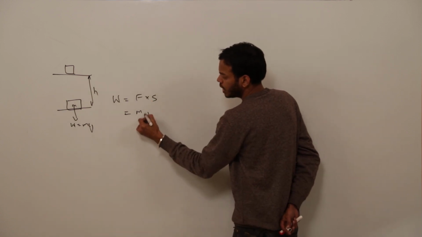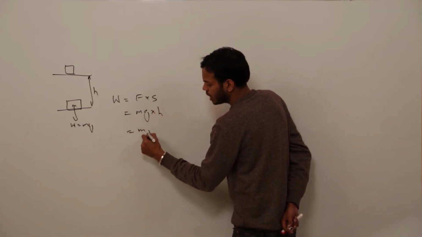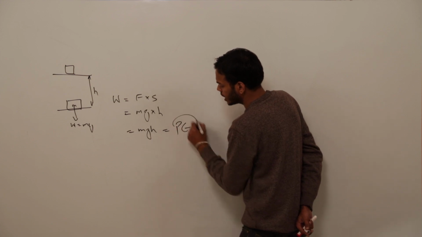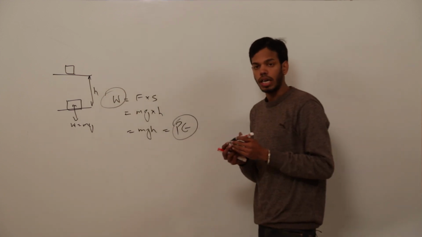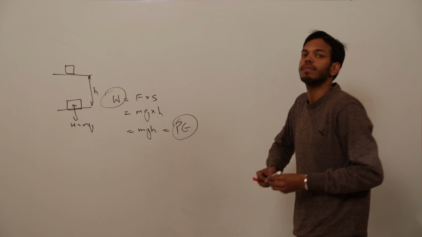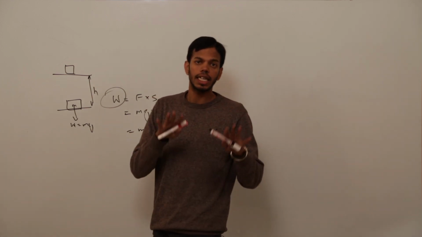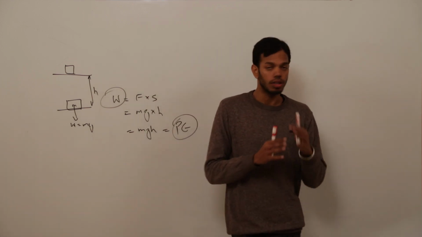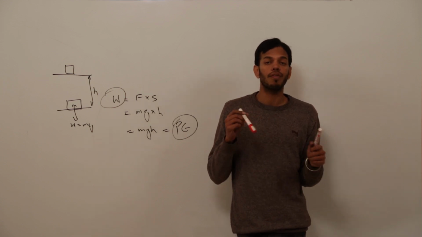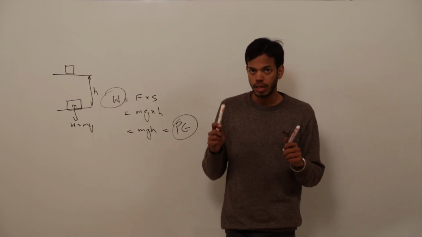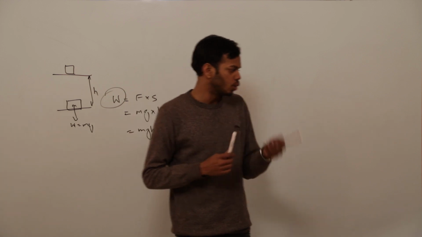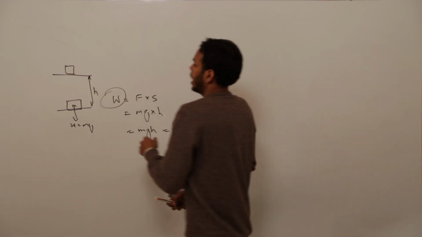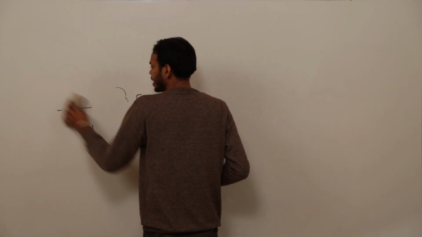So force is mg and distance is h. mgh comes out to be the formula for potential energy. I was finding out work and I got the formula for energy. So work and energy are equivalent. A body that has energy can perform some useful work; a body can do work, it can use energy, or potential energy or any other kind of energy can be stored in it.